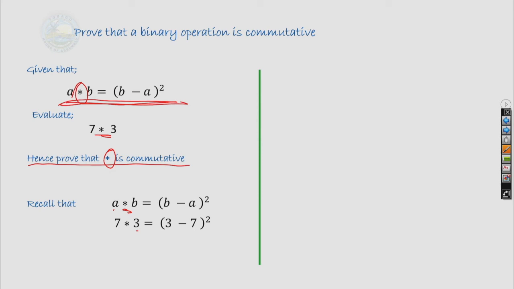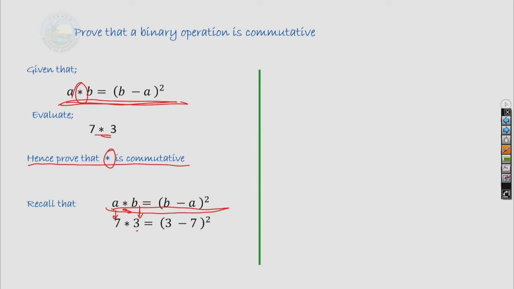We are going to take that and subtract from it what is in front of the operator and square that. Here we are acting as if B is 3 and A is 7. So we are going to come back to the definition line and replace B with 3 and A with 7. That's another way that you can look at it. So replacing B with 3 and A with 7, we end up with this.